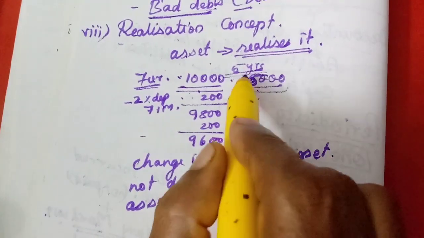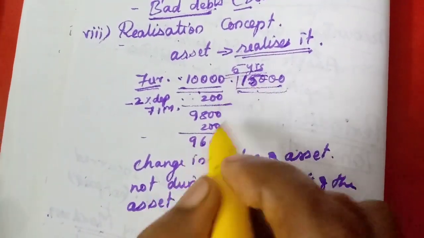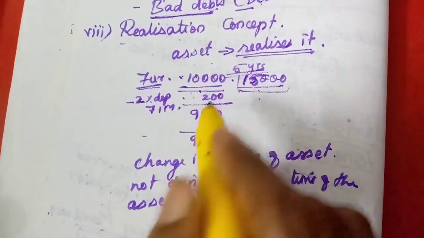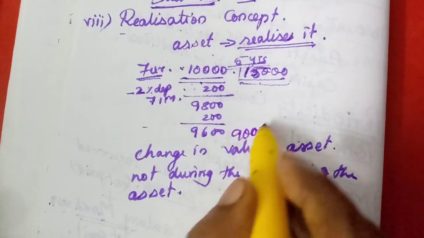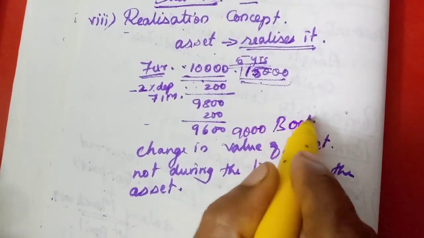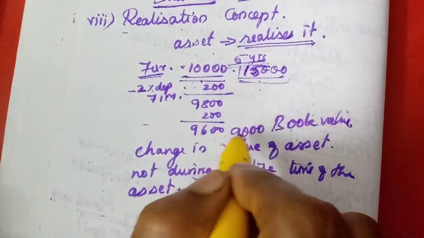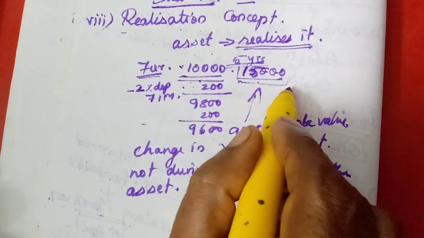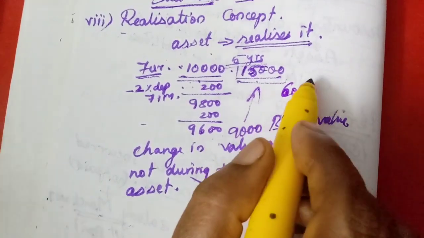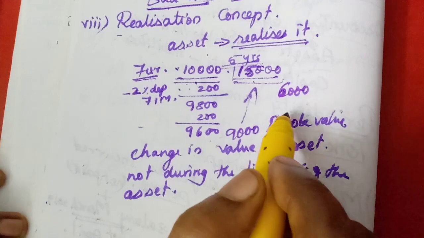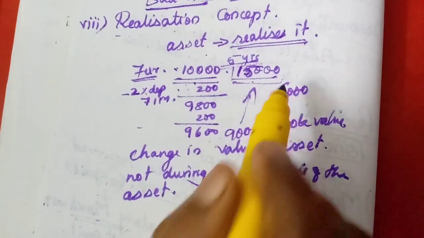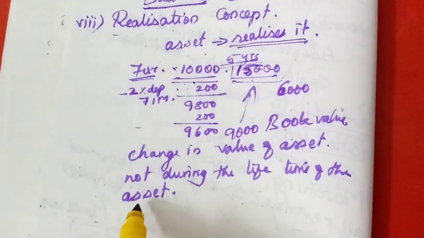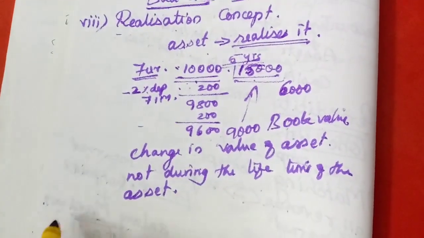Realizing it means when we sell that particular asset, after 5 years the book value will be 9,000. In the book we have mentioned 9,000. But when we sell that particular asset, how much are we getting? 15,000. So how much is the profit? 6,000 is the profit on sale of fixed asset. That we can enter only at the time of realizing it, selling it. In between we should not consider the market price.